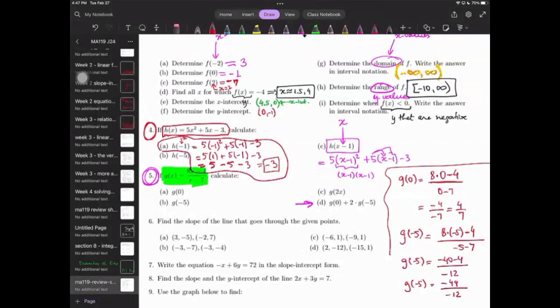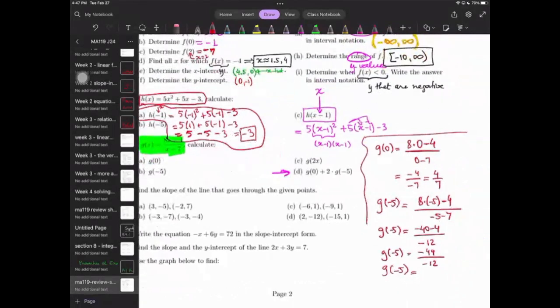I know at least division by 2 we can do, but maybe even better than that. The result is going to be a positive number because it's a division of 2 negatives. Let me use my calculator. So that's the same as 44 divided by 12. Divided by 2 is 22 divided by 6, and we can still divide by 2.